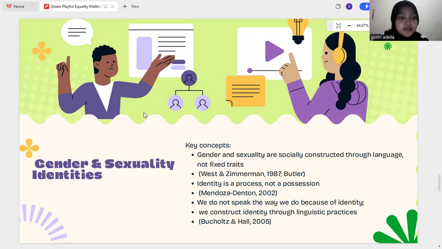The key concept is, first, gender and sexuality are socially constructed through language, not fixed traits. So the gender and sexuality identity approach sees gender and sexuality as socially constructed through language, not fixed traits. This is according to scholars like West, Zimmerman, and Butler.